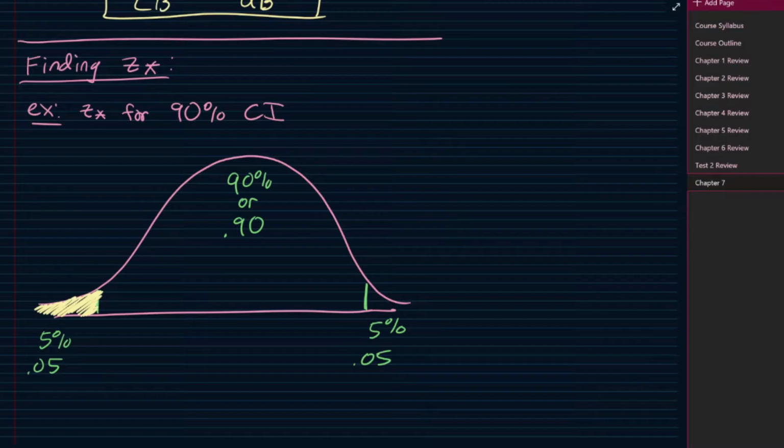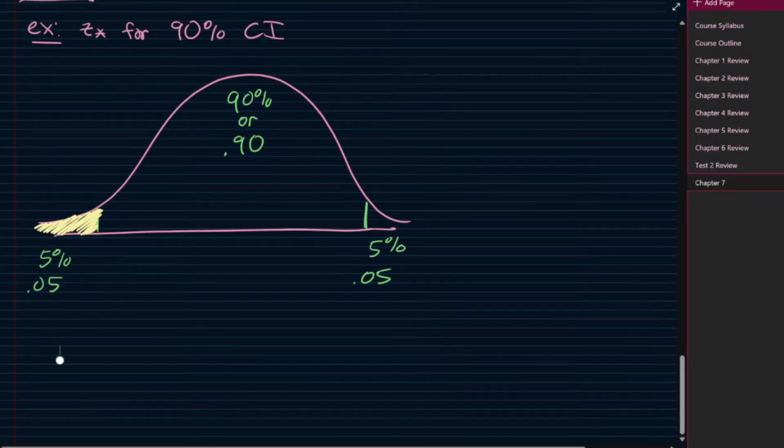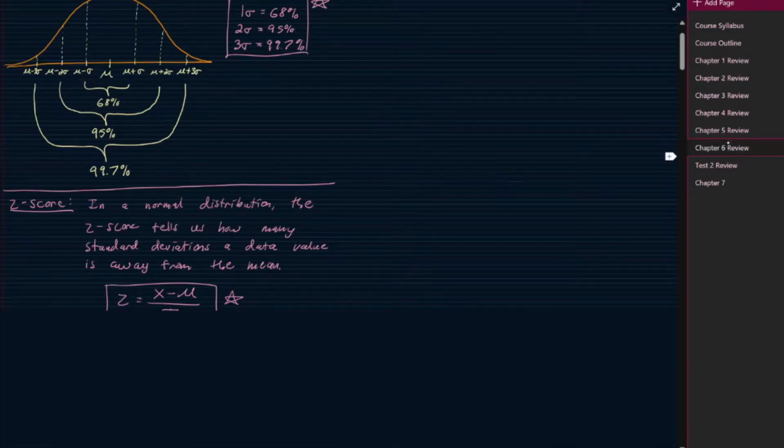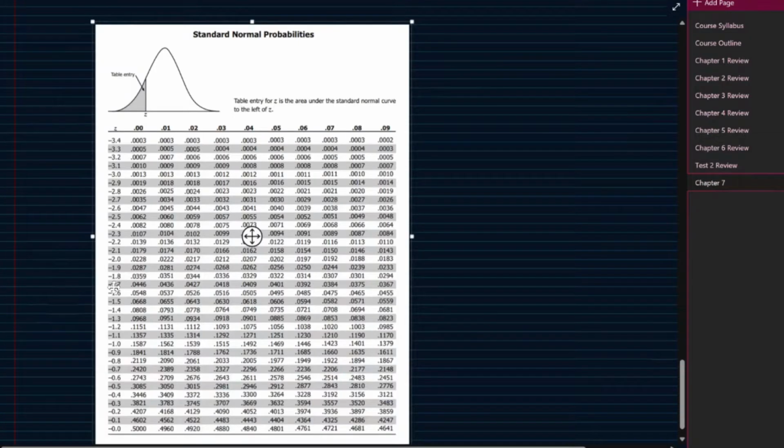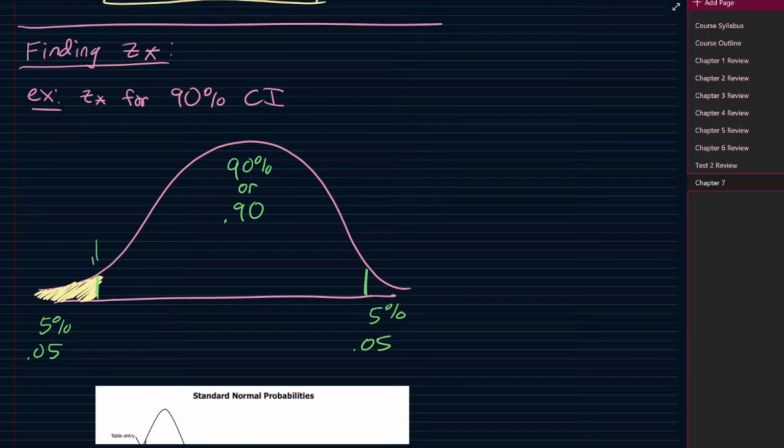So we go to our z-tables. Let's see, I'm going to want the negative one here. And we're looking for the z-value that has the area to the left of it being closest to 0.05. So I just examine the z-table here.